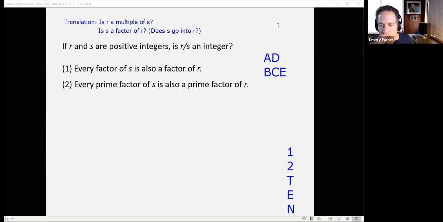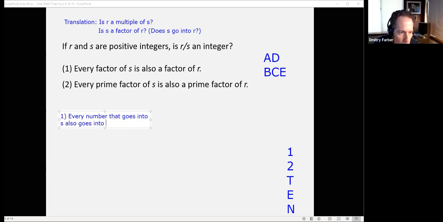So if we look at the statements, statement 1 tells us, well, every factor of S is also a factor of R. Well, that's interesting. 1 tells me that every number that goes into S also goes into R. What does that tell us? What does that mean? Are they the same number?